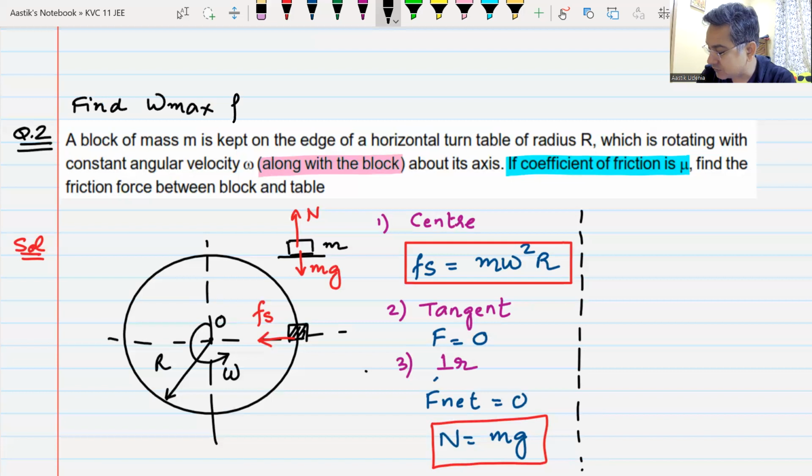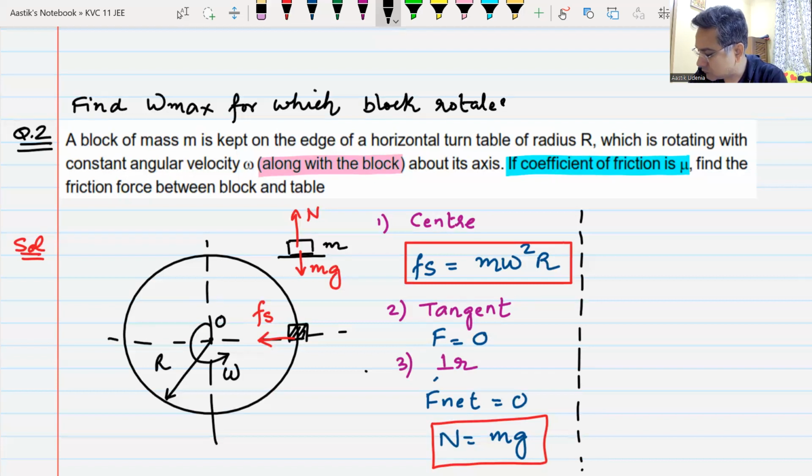Find omega max for which the block rotates with the table. What is the maximum angular velocity for which the block rotates with the table? I will not give you any time to do this because I know you may not be able to do this.